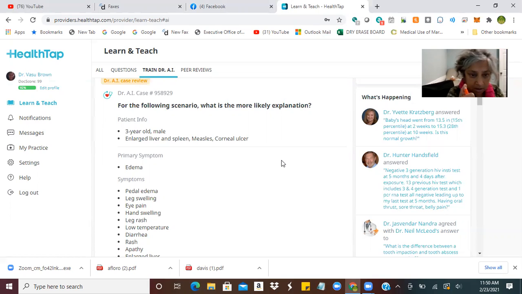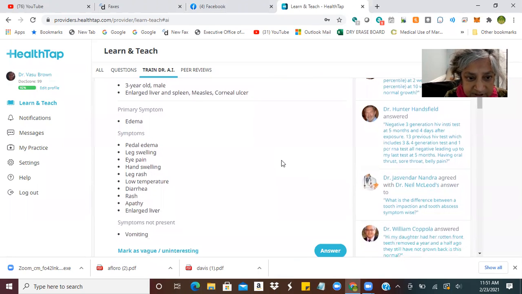First, so you guys, I don't know how Health Hub does it, but the first question I'm answering, the case number is 95892. It's a 3-year-old male. It's a baby. Enlarged liver, spleen, measles, corneal ulcer.